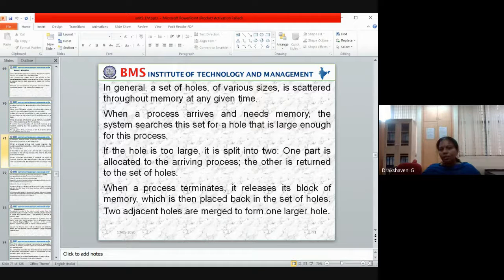So in general, there is a set of holes of various sizes scattered throughout memory at any given time. Suppose I say this is the place where Akash has to reside, first bench. Mithili, you have to reside in the second bench, and Bhavishya in the third bench. Now Akash completes his job and one more person comes to sit.